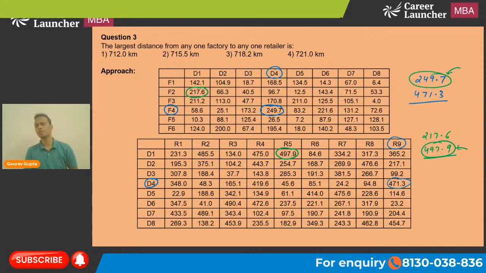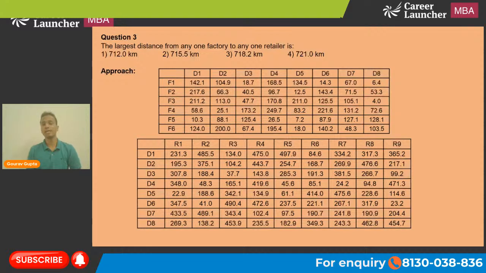It may be possible that the second largest number from table number 1 may correspond to the second largest number in table number 2 and they both will add up to give me the largest number. So now here a lot of hit and trial, a lot of observation will be required. So you can go with the observation way. What you can do is fix upon an intermediate depot, right?